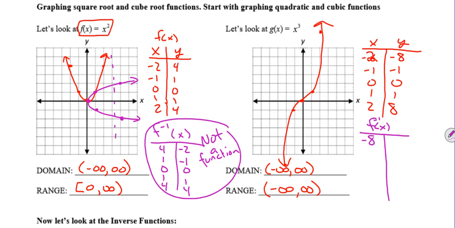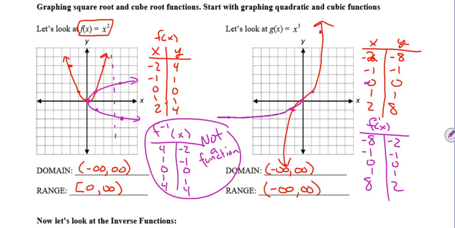We would get -8, -1, 0, 1, and 8, and -2, -1, 0, 1, and 2. So if we were to do this, we would get something that looked a little bit like this. These 3 points would still be true. You get something way out here.